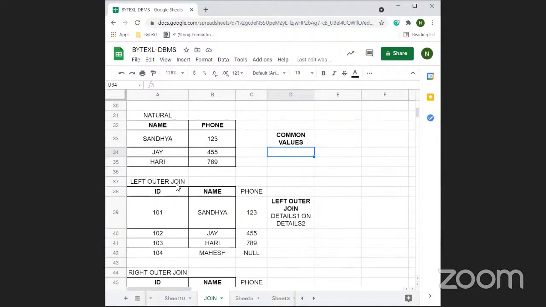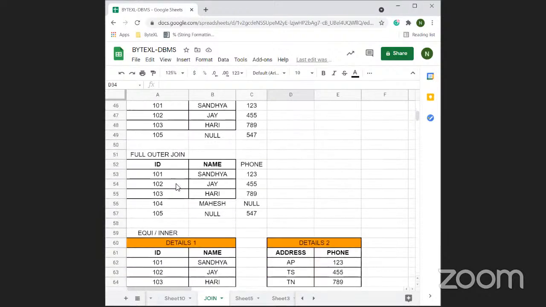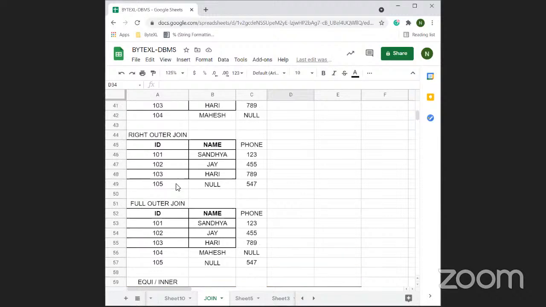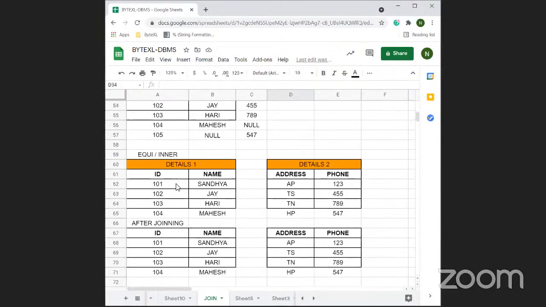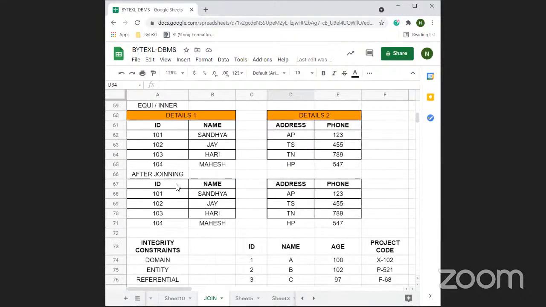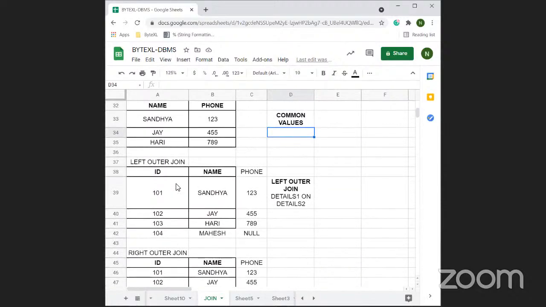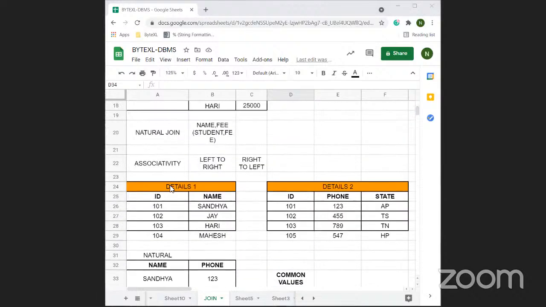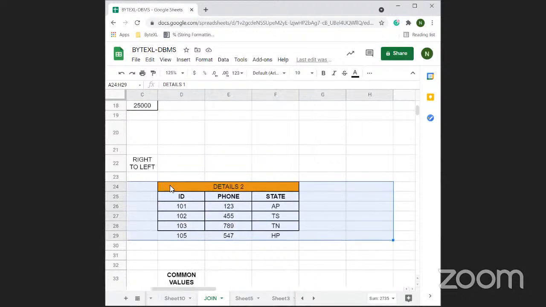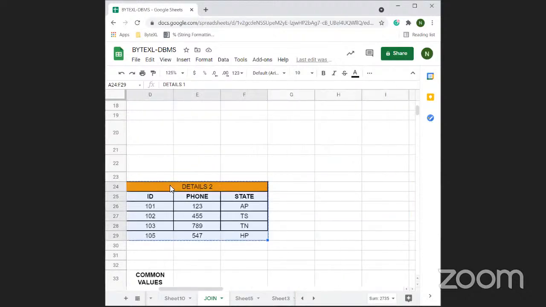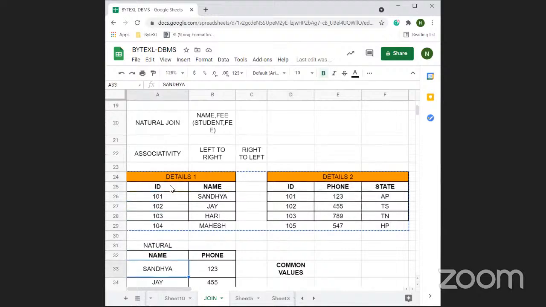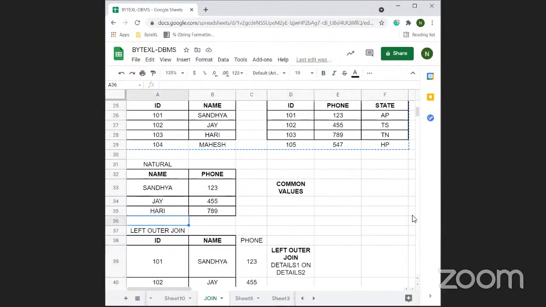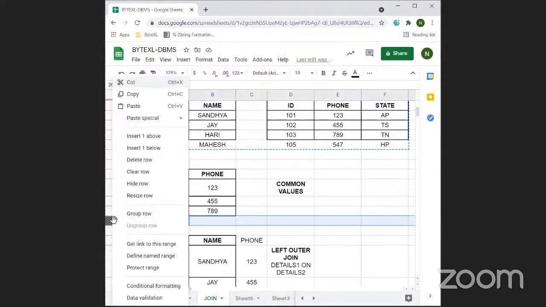Then outer join, when it comes to that, we have 3 types: left outer, right outer, full outer. So first left outer join, again for the same table, for your clarity so that you can understand easily, let me copy paste these two after each session.